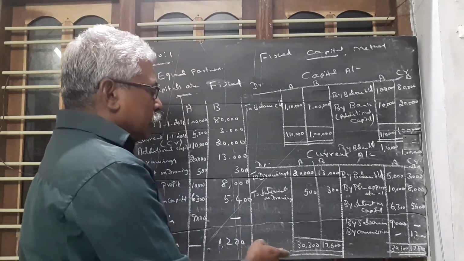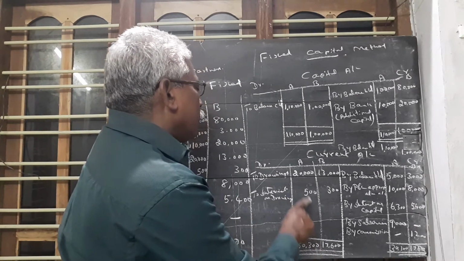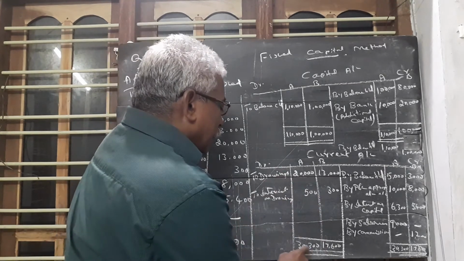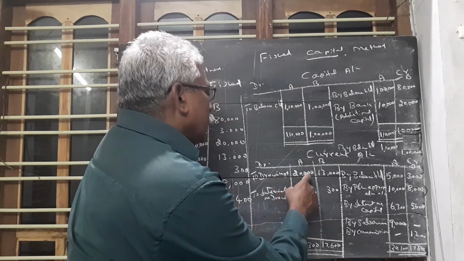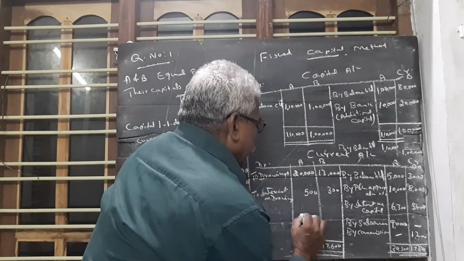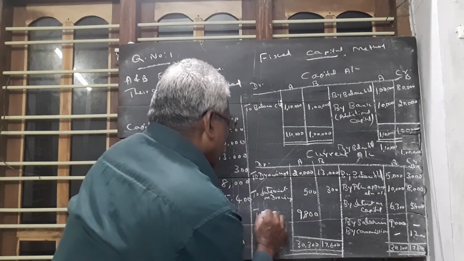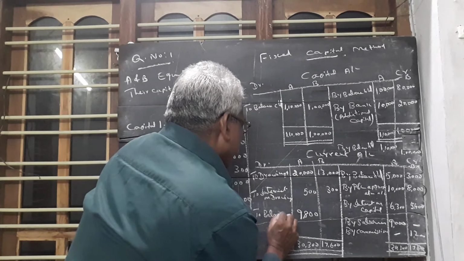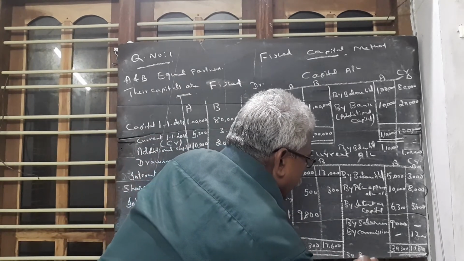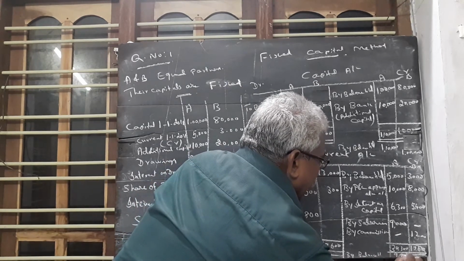Then we subtract from 30,300 minus 20,500. 30,300 minus 20,500 is equal to 9,800. This 9,800 is entered here. Here we write to balance carried down. The same amount is entered here also, by balance brought down 9,800.